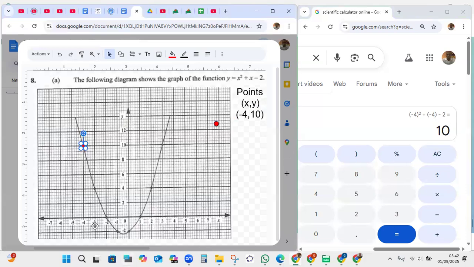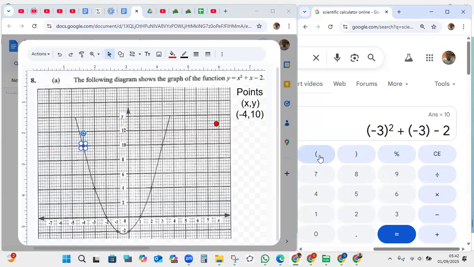We're going to do the same thing for -3. Okay? So I'm going to clear this. Open a bracket, -3, close bracket, raised to the power of 2, or squared, plus, open a bracket, -3, close bracket, subtract 2. Okay, so I need you to repeat this in your scientific calculator.